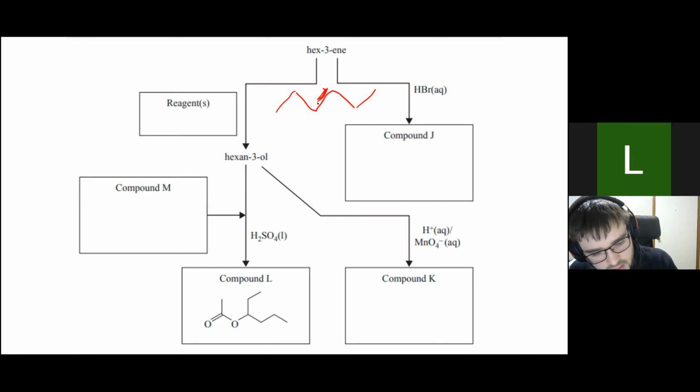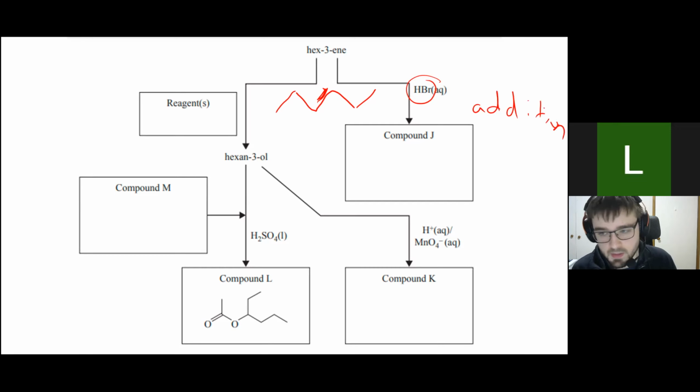So let's have a look at this. Hex-3-ene. If we add hydrogen bromide, we know that it's an alkene, so it's always going to undergo an addition reaction. Now, normally when you've got something like this, it'll make two different isomers, because will the bromine add here, or the bromine add here? Because this particular one's symmetrical, there's only one thing it can make.